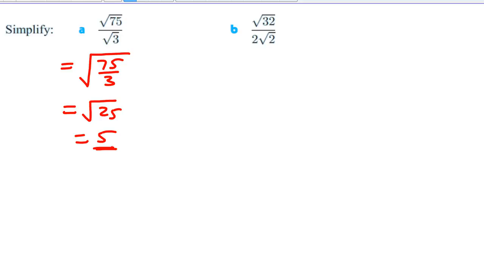Now here what you can do is you can try to rewrite this using fractions. So what you're going to have is at the numerator 1 multiplied by square root of 32. It's the same thing, 1 multiplied by anything, it's just that, over 2 multiplied by square root of 2. And now what I'm going to do is to focus on this part separately.